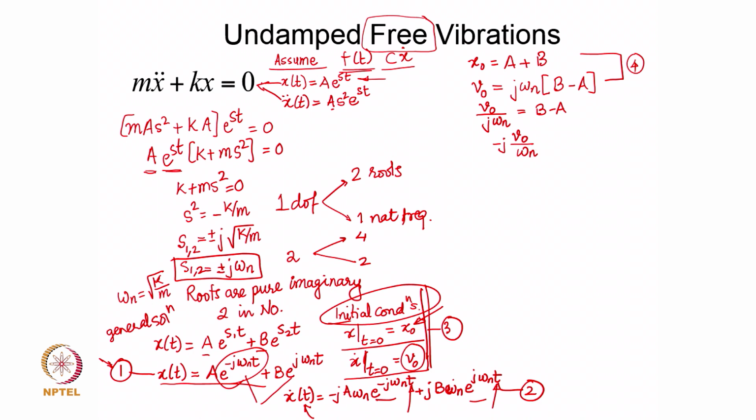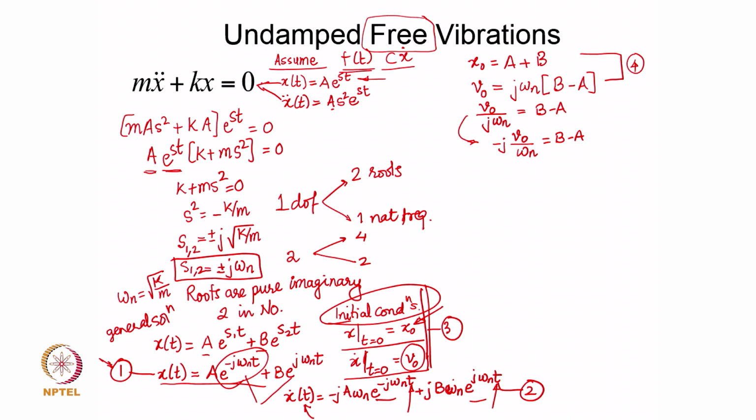Can I do that? If I multiply both numerator and denominator by j, I can get this equation. So, you basically get minus j V naught by omega n equals b minus a. Now, if I solve these two equations, then I will get a and b.